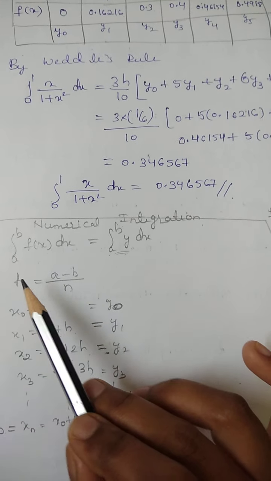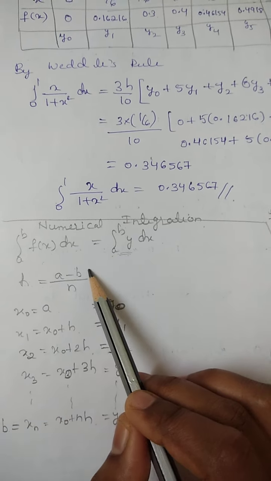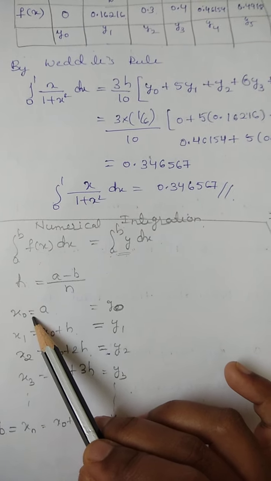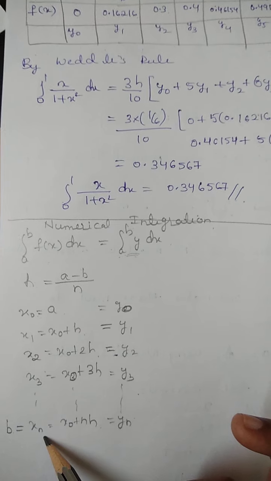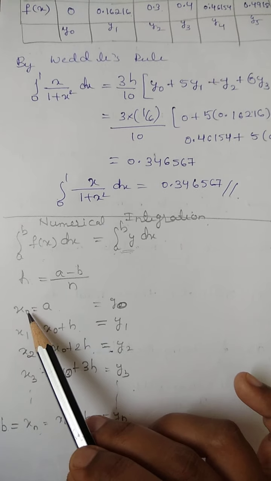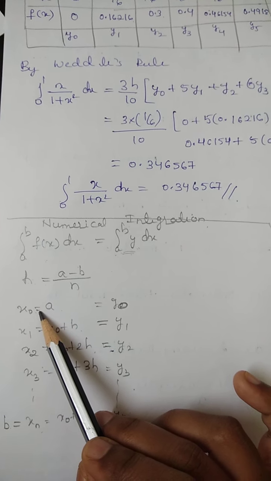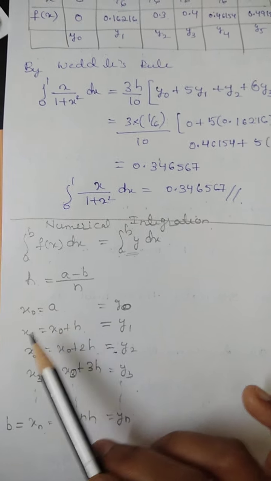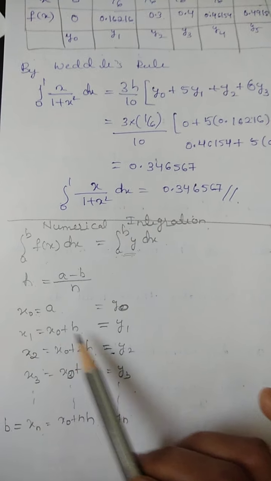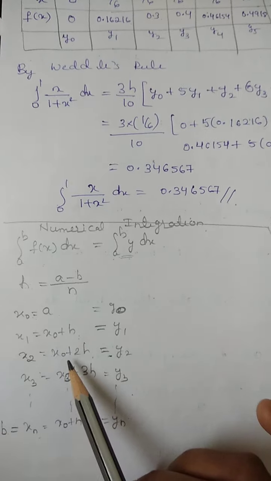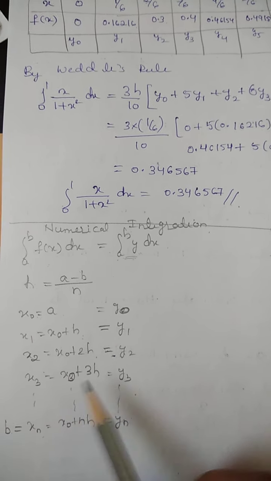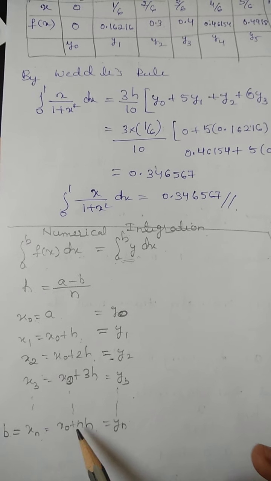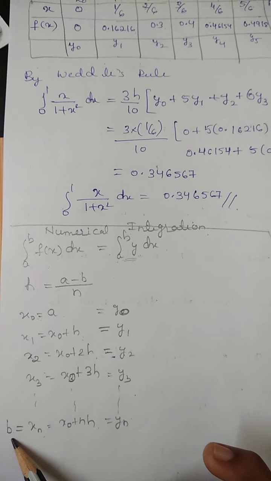Now using this h and a and b, we prepare the values x0, x1, x2, x3 and so on up to xn. The value of x0 is equal to the lower limit a, x1 will be x0 plus h, x2 will be x0 plus 2h, x3 will be x0 plus 3h and so on. xn will be x0 plus nh, which is the upper limit.